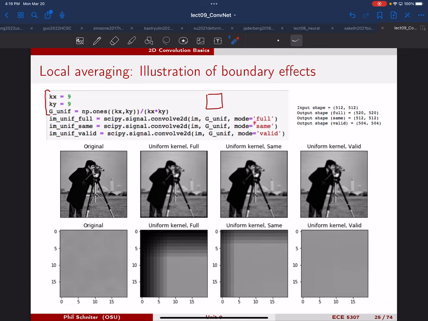Now, if I do full mode convolution, that means I'm adding a lot of zero padding. And when I zoom into the image here, you can see we get these weird artifacts in the image edge because at this pixel over here, essentially my kernel has averaged all these zeros and 1 gray pixel.